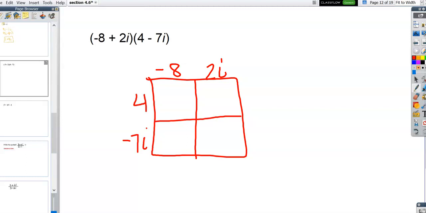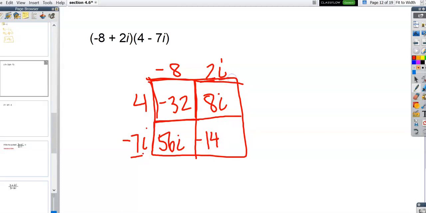Multiply each box out. Negative 8 times 4, we get negative 32. 2i times 4 is 8i. Negative 8 times negative 7i. Negative times negative is positive, 56i. And then we have 2i times negative 7i. So 2 times negative 7, we should get negative 14.